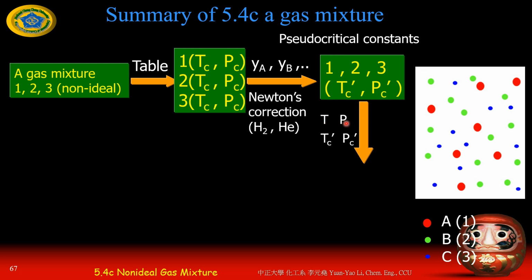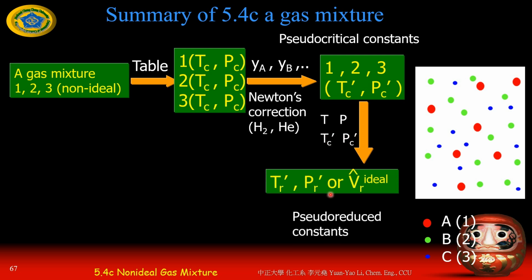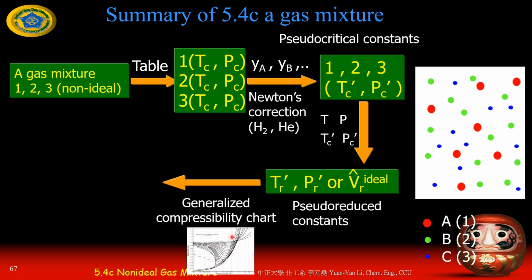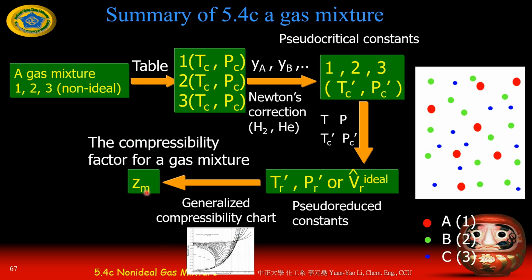You have T, P, Tc prime and Pc prime, so you can get the reduced values. These are called pseudo-reduced constants: Tr prime, Pr prime, or Vr ideal over carat. According to two of these three, you go to the generalized compressibility chart, and you find out Zm.